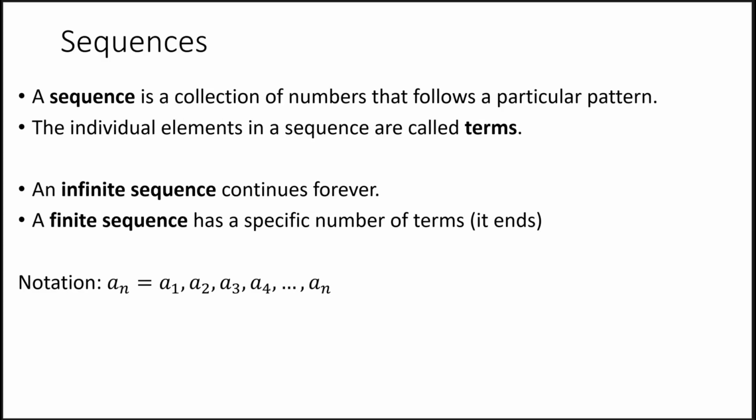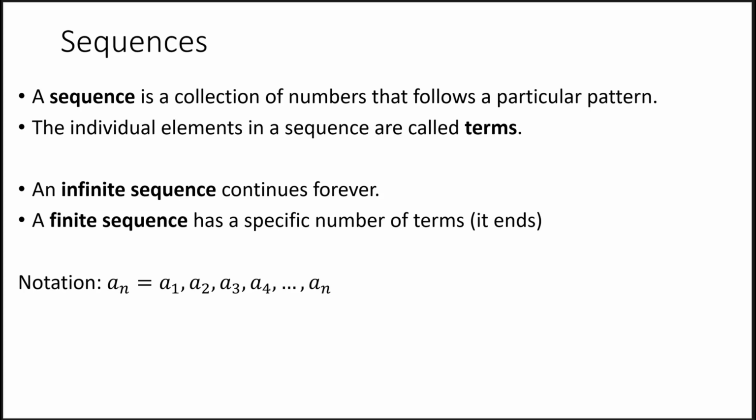So, some vocabulary and definitions that you want to make sure you pause the video to get down. A sequence is a collection of numbers that follow a particular pattern. You can even say just the numbers 1, 2, 3, 4, 5, and so forth. That would be a sequence that follows a particular pattern.